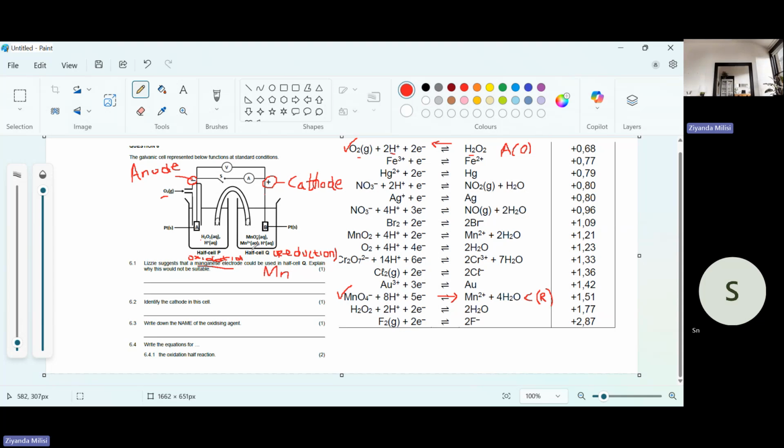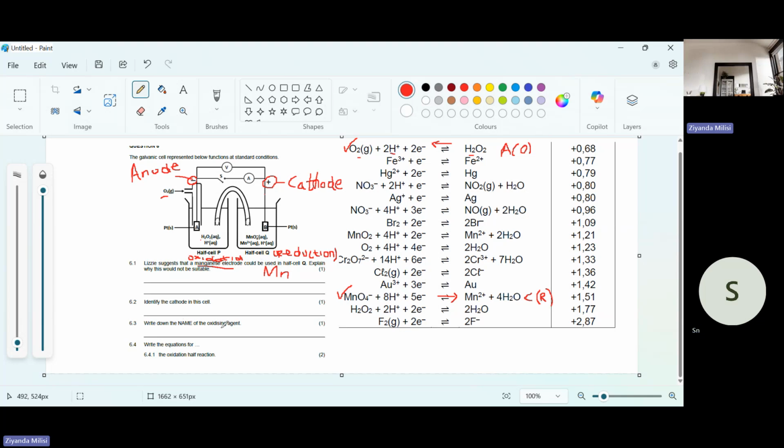You can say electrode in half cell Q. Half cell Q has got many things: it has the electrolyte, it has the electrode, it has Pt also. So be specific. It's the positive electrode, or the electrode in half cell Q, or electrode B.